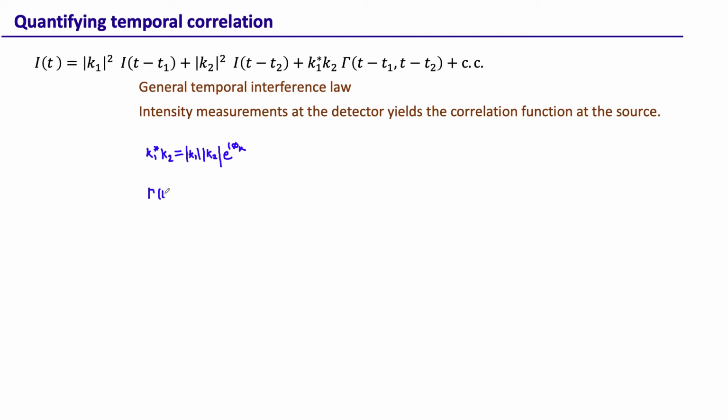So gamma of t minus t1, t minus t2, divided by I(t minus t1) and I(t minus t2), and these are the intensities coming from the interferometer if only the upper or lower arm were open and the other one was closed.